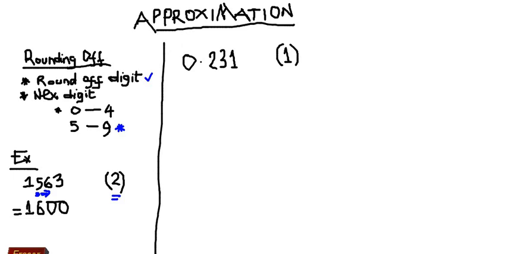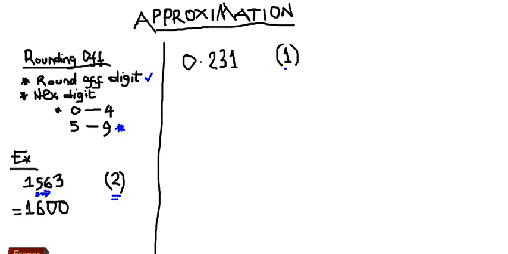So what this means is that we are going to first of all determine how many significant figures we have in this number. 0.231, we have said since this is a decimal number, the first 0 is not significant. So the first significant figure is 2, followed by 3, followed by 1. So we have 3 significant figures.